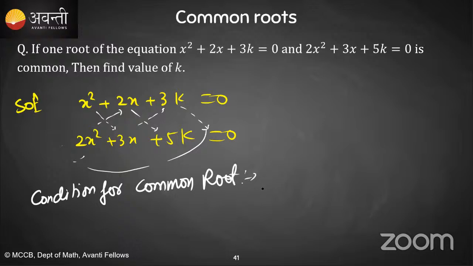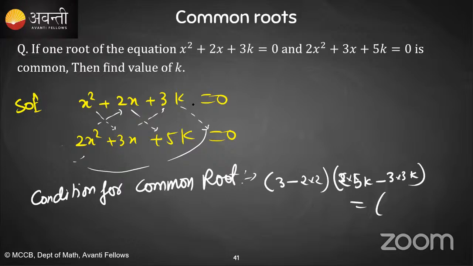What is the condition? Product of 1 into 3, which is 3, minus 2 into 5k, minus 3 into 3k, is equal to 3k into 2 minus 5k whole square, right?